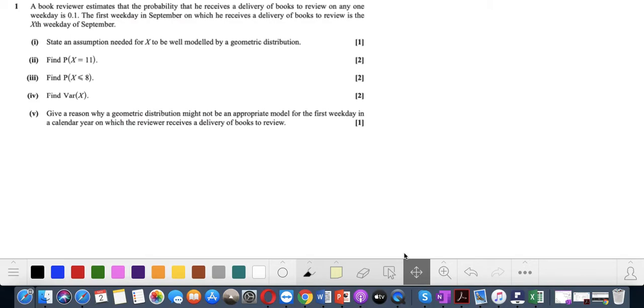Remember, for a geometric distribution there are certain conditions. One of the conditions is that the trials have to be independent. The probability distribution is independent, meaning it doesn't influence one another.